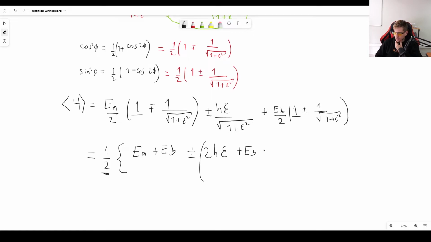And then we have minus EA. Is this correct? Yeah, minus EA. And all of this divided by 1 plus epsilon squared. All right. What else can we do to this?